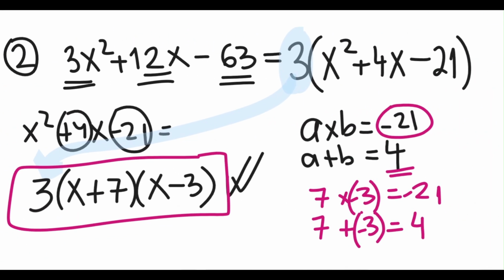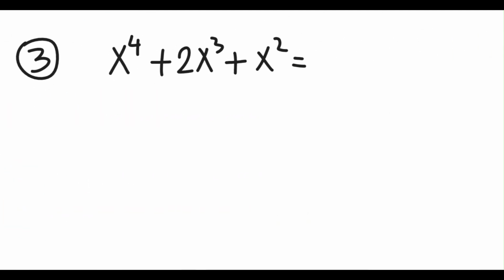All right, finally, the last example for today. Step 1: what do we notice here? Can we factorize something out first? Are they all divisible by something? Oh yeah, x squared goes out. x squared multiplied by what will give us x to the power of 4?